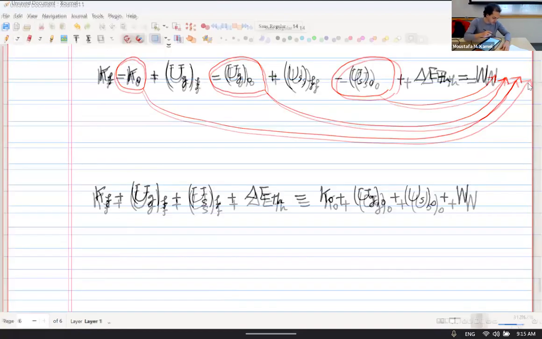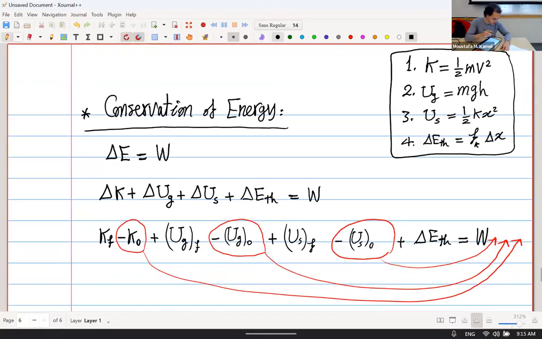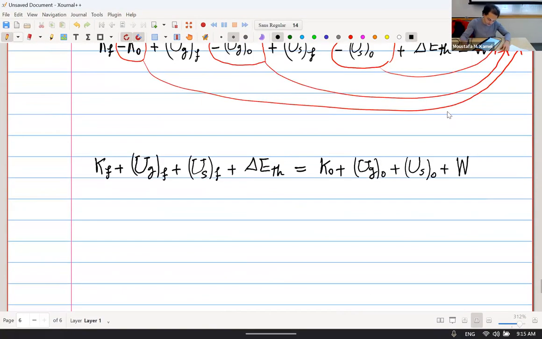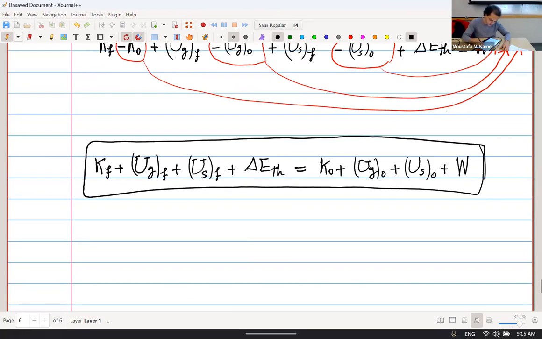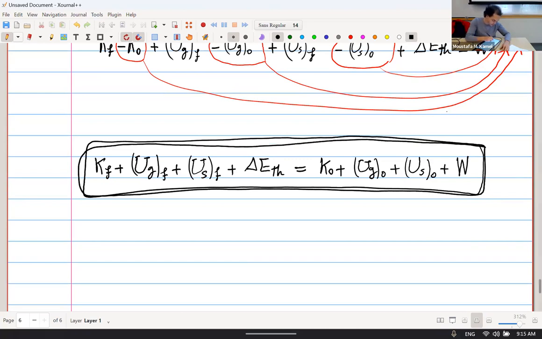This is the most important equation in this chapter. Okay.